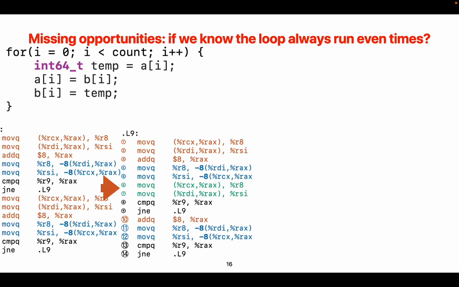Previously we pretty much did things loop iteration by iteration. But if I know for sure the upcoming iteration is going to be there, the opportunity is to grab instructions from the next iteration to fill in the slots. For example, can I make these two run earlier?